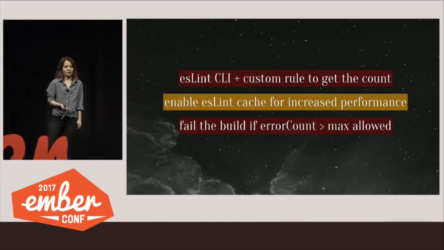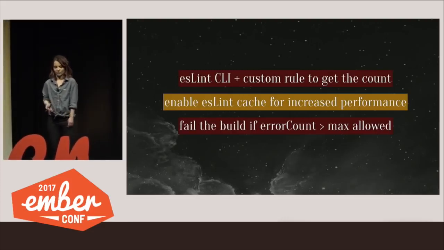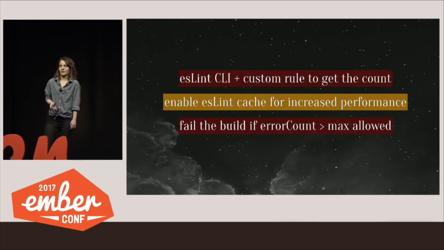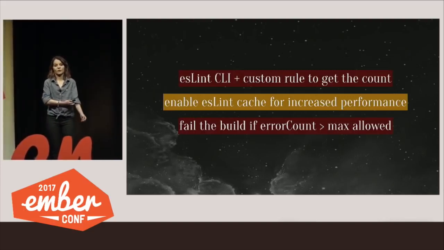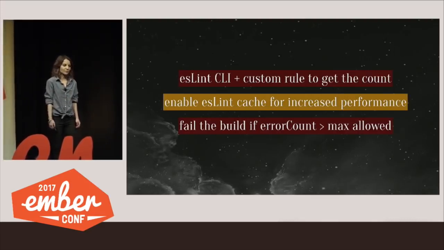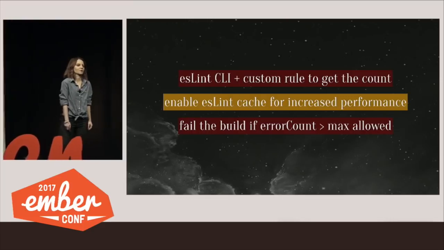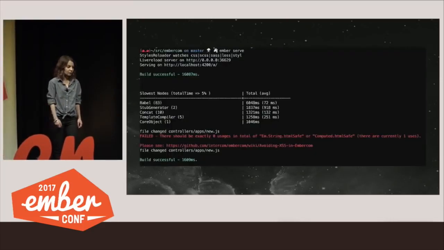It turns out the performance difference between using cache and not using cache is between 10 and, I've seen something crazy like 60 seconds on slower machines. So caching is very, very important for ESLint, which means yes, on a colder build, you're going to have some issues, but if you're not running for the first time, you should get quite good performance results with caching. And then we fail the build if the error count is bigger than the max allowed.